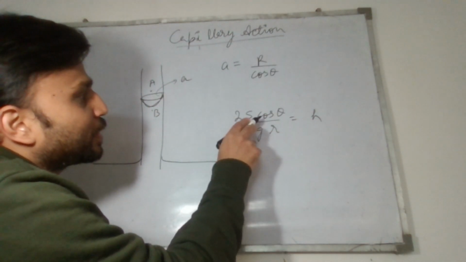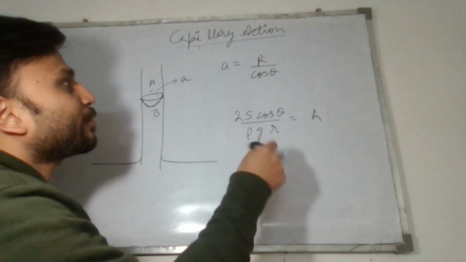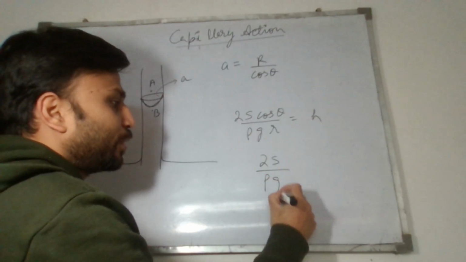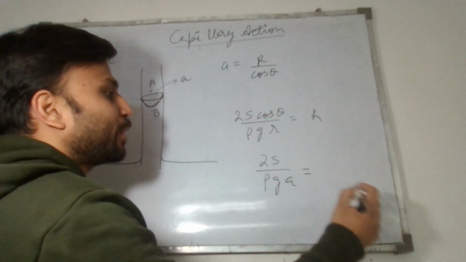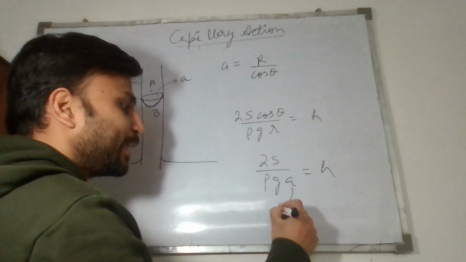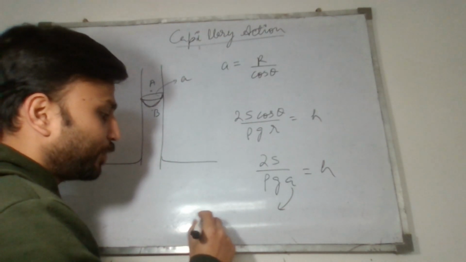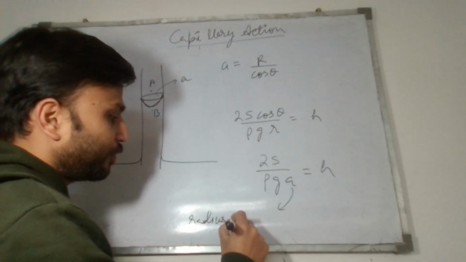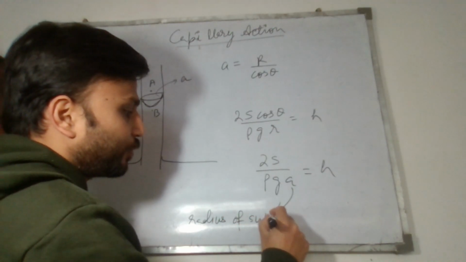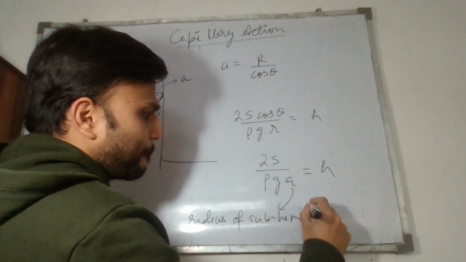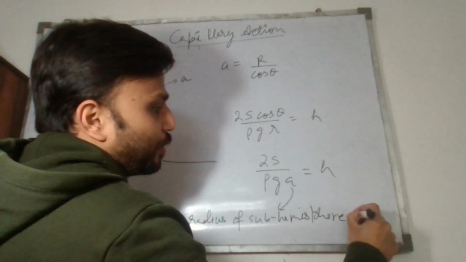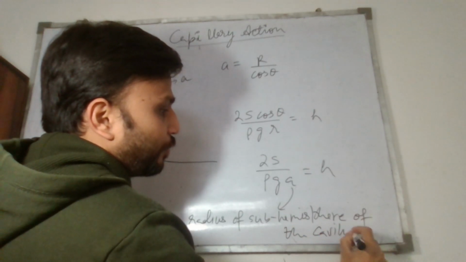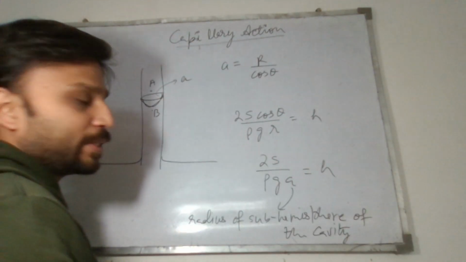So if you put this cos theta beneath it, this r by cos theta becomes A. So this becomes a very nifty formula: 2S by rho g A is equal to h, where A is the radius of the sub-hemisphere of the cavity. Cavity means the meniscus.